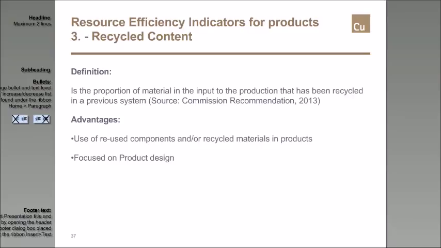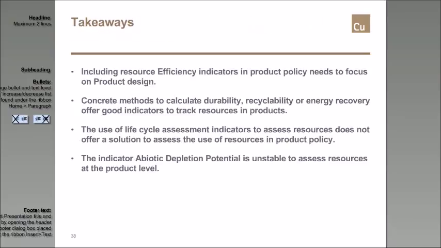So just to finish and clearly set some takeaways for you, it is clear that we have to include resource efficiency indicators in product policy, but this should be at the design level and not at the sustainable resource management level. We need concrete methods to calculate durability, recyclability, energy recovery, recycling content that help us to track the resources in products and that help us to make the most of those resources.